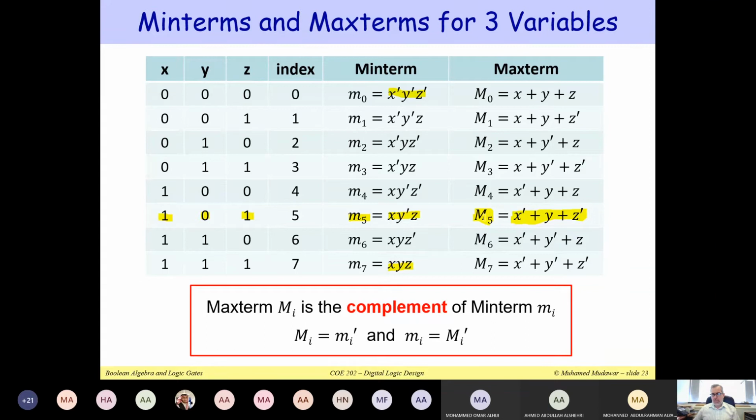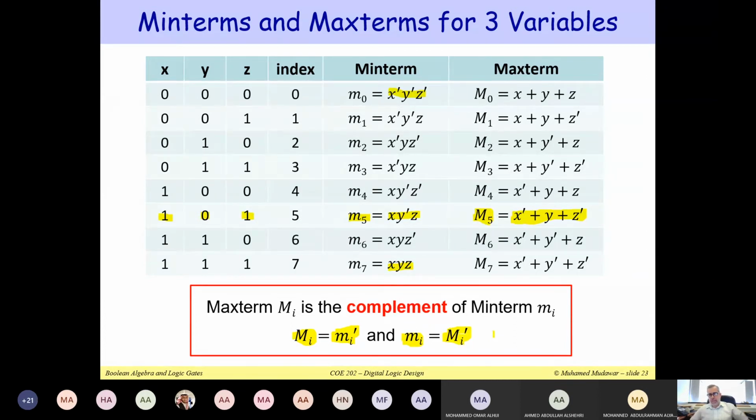So the max term M sub 5 will give me 0 for this combination only. Remember that max term capital M sub I is the complement of minterm m sub I, and vice versa. The minterm m sub I is also the complement of max term capital M sub I.